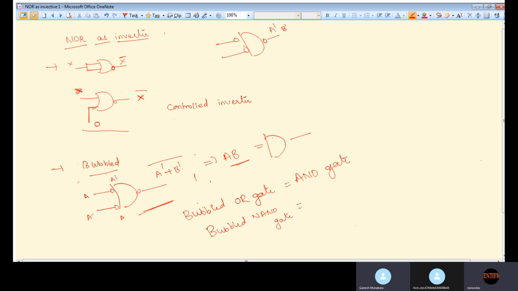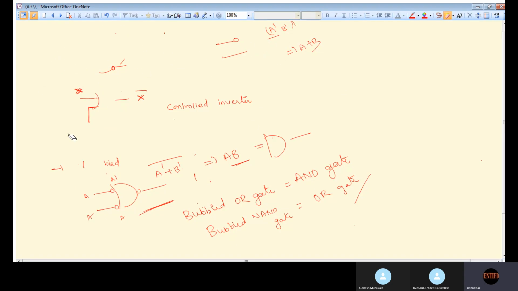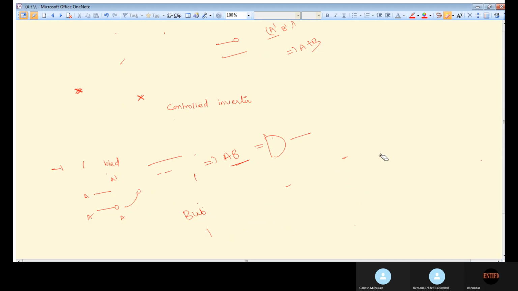A complement, whole complement is equal to A. It will act like an OR gate. You should never ever forget this. Very good. Okay. Universal gates as inverter or OR gate, maximum, see, all the things will run on these small concepts only.